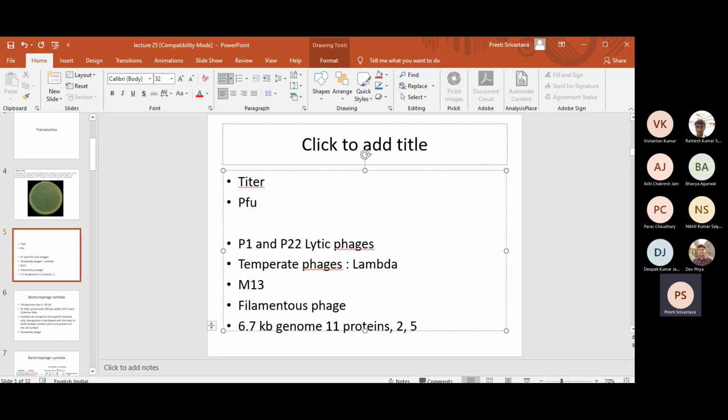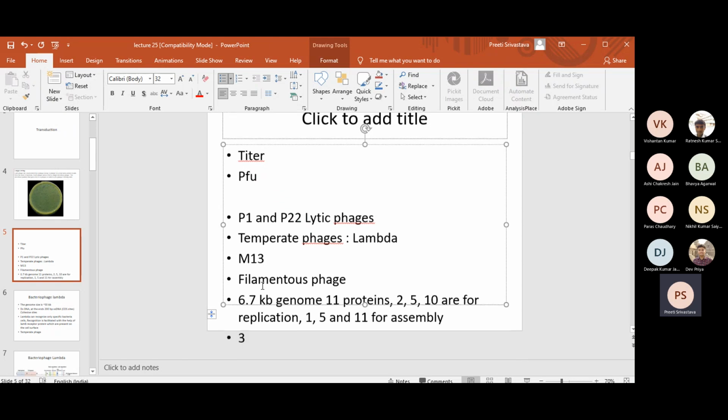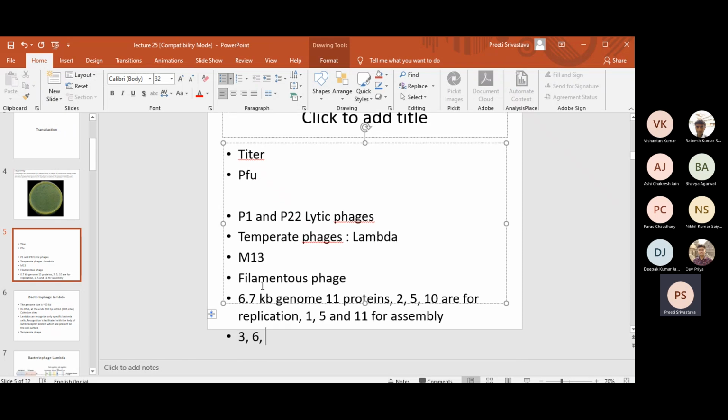Two, 5, 10 are for replication, and 1, 5, and 11 for assembly, and 3, 6, 7, 8, and 9 are for coat protein.